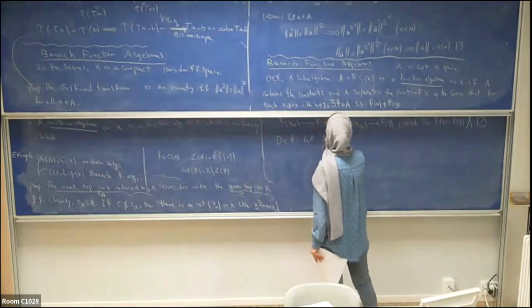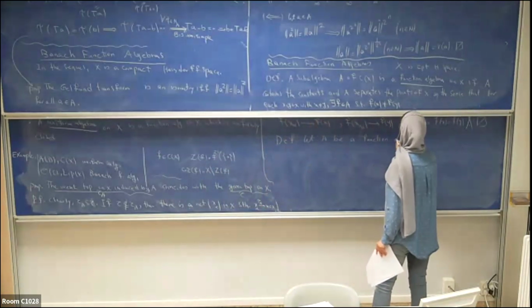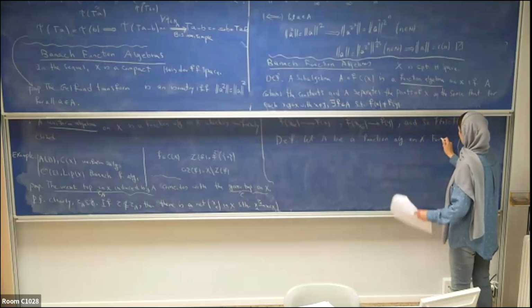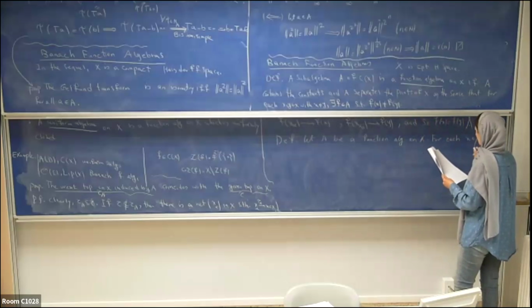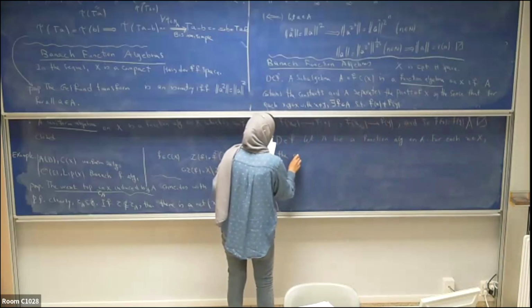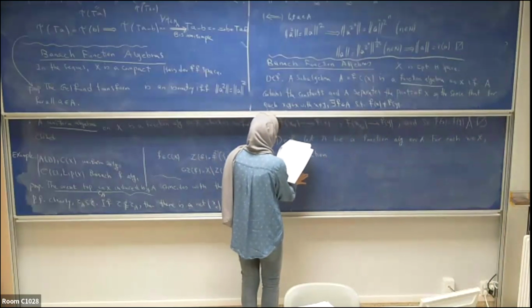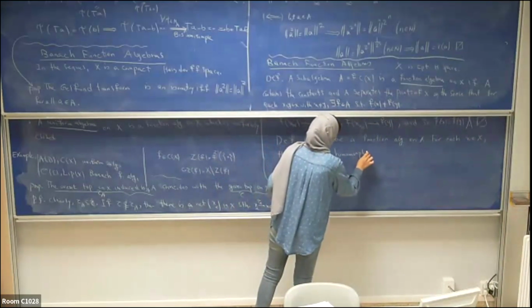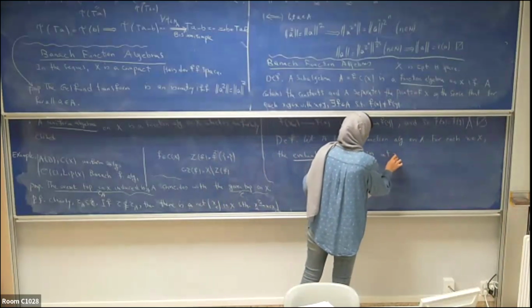Let A be a function algebra on X. For each x we define a homomorphism and we call it the evaluation homomorphism at x.